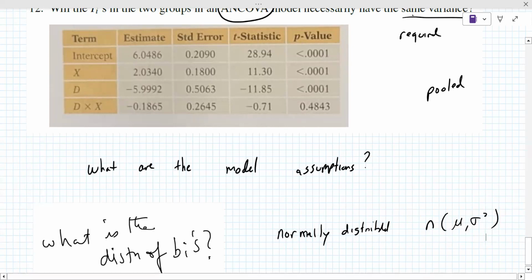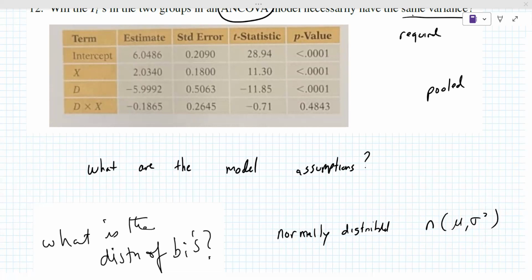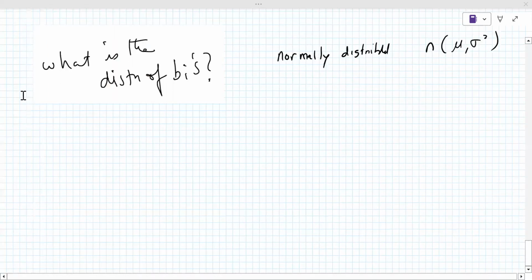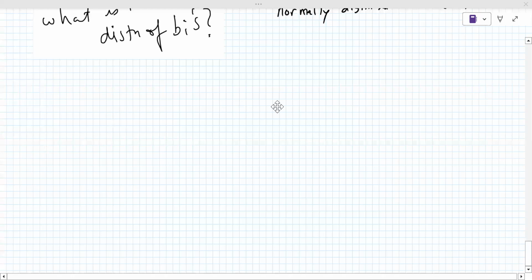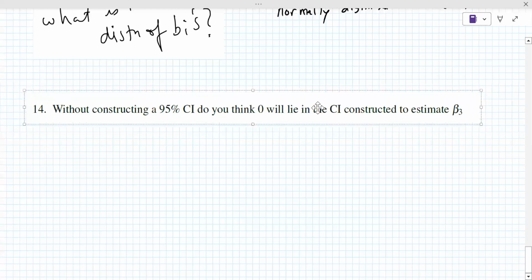All right. Cool. Number 14, I'm kind of confused on. So 14 refers to whether you can reject or fail to reject something. Yeah.